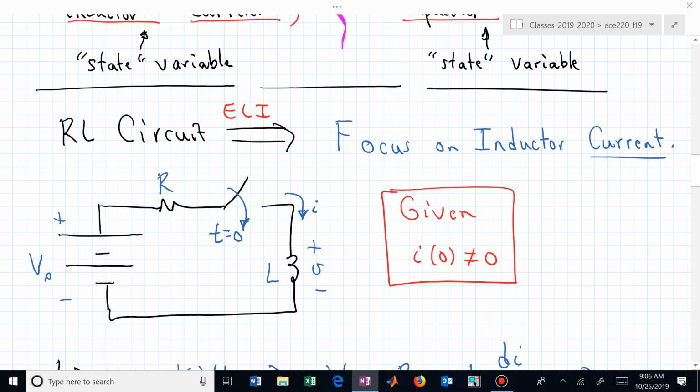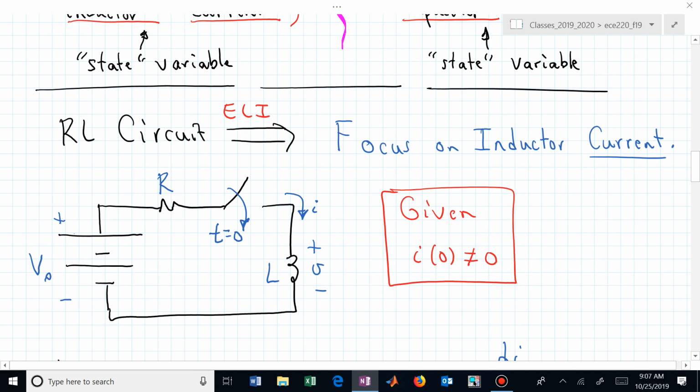And instead of putting more circuit apparatus around this to establish the initial condition, let's just say that we are going to state what the initial condition on that inductor current is. Let's just say it's something not equal to 0. We want it to have some current at time 0.